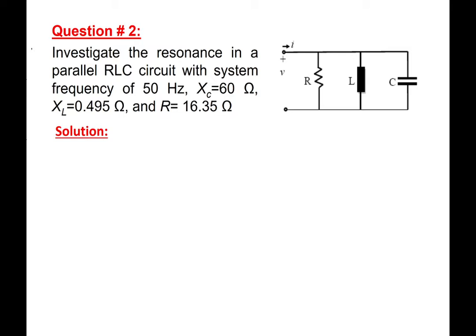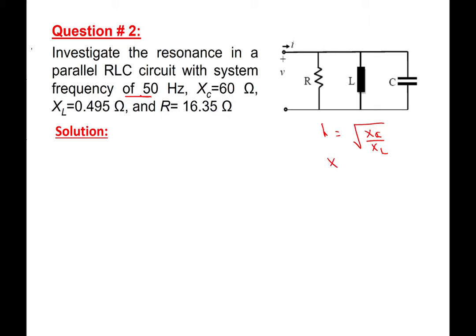Let us look at this circuit, which is parallel resonance. Again the frequency is 50, XC and XL are given, and R is given. So again we can calculate H from the square root of XC over XL.